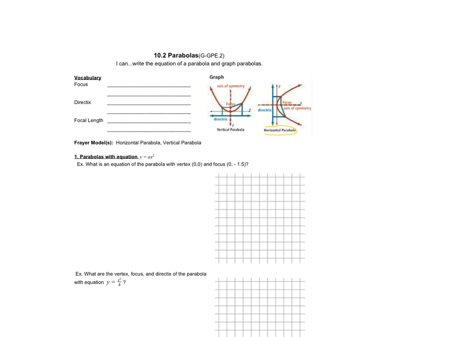Our parabolas can have a different orientation, and this will be something along the lines of x equals y squared. So subtle difference, the orientation is different, but we will get some practice with both of these. Now we see that the parabola can be both horizontal and vertical.